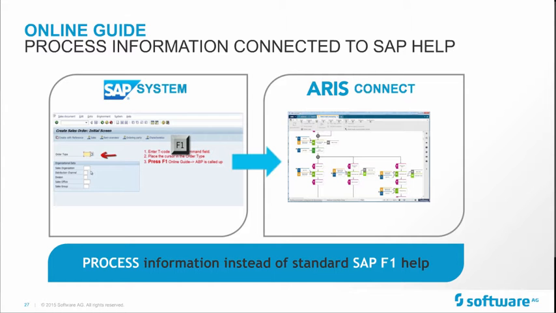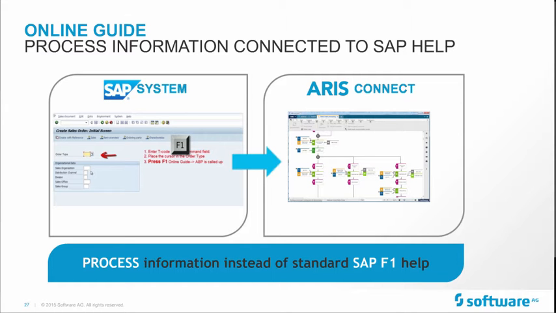That's the one way. But another one is, of course, that they are already working in the SAP system. They are already in the SAP transaction, and they can't remember how the process goes, and they don't know exactly what to do, and maybe they should ask for an agreement of another department, but they don't really know.